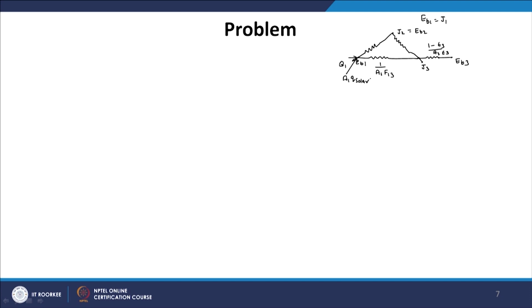But we have convection also, so we have to draw another network here, from the top surface, where EBA is the emissive power of the atmosphere, which is maintained at 17 degrees C, and this resistance is R3, let us say atmosphere. So, this is the network for the problem.